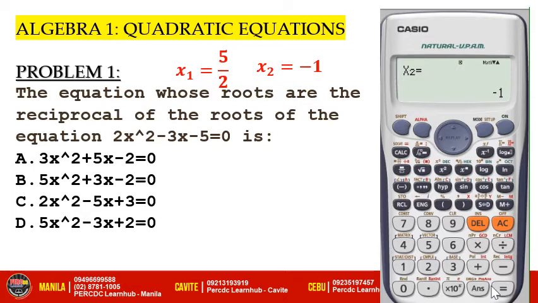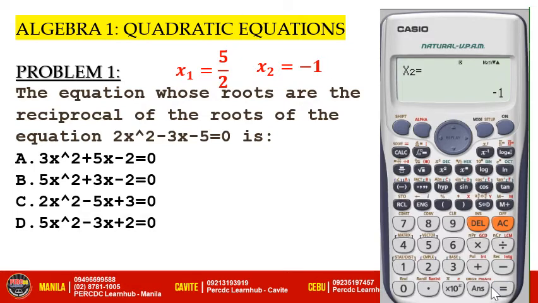And then, kasi nga, yung hinahanap ay reciprocal ng roots ng 2x squared minus 3x minus 5. So therefore, hanapin natin sa choices yung quadratic equation na may roots na reciprocal ng 5 halves, that is 2/5, and may roots na negative 1.